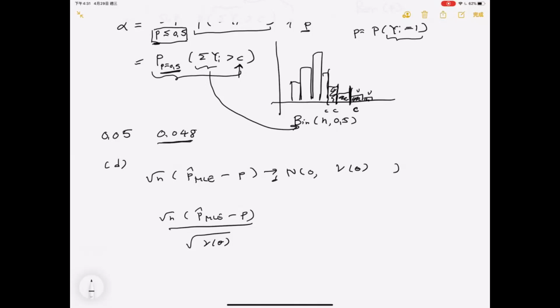So it should be a one-sided test, not a two-sided test. The solution key wrote a two-sided test. Actually, I prefer the one-sided test: reject when it is bigger than Z 1 minus alpha.